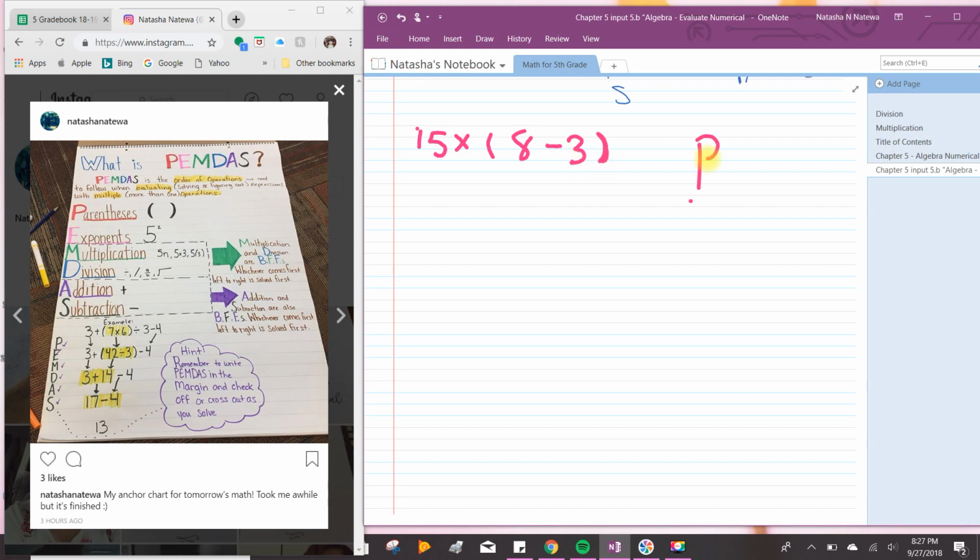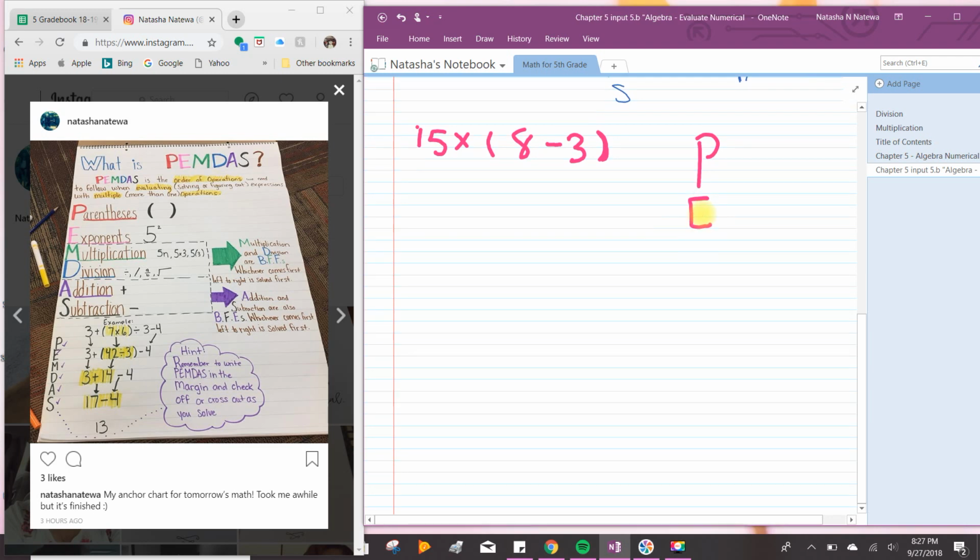Now again, write nicer than me guys, I'm not writing very nice. It's awful. PEMDAS. Now PEMDAS stands for parentheses, exponents, multiplication, division, addition, and subtraction.